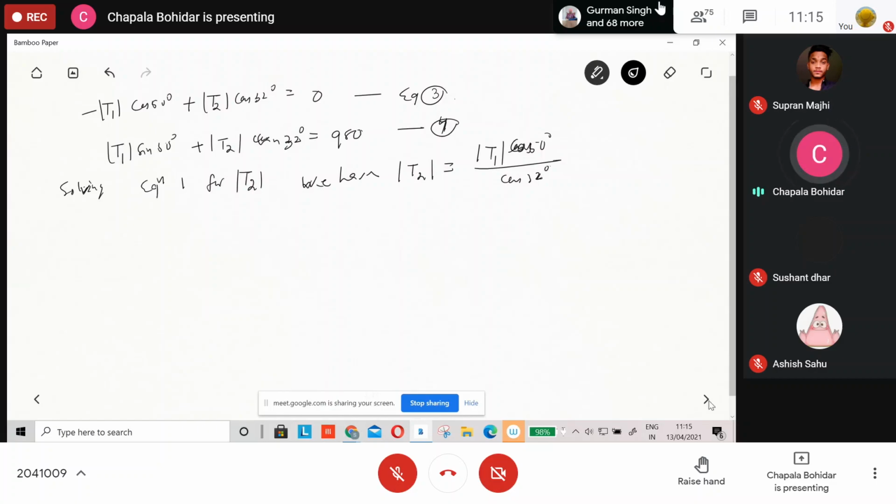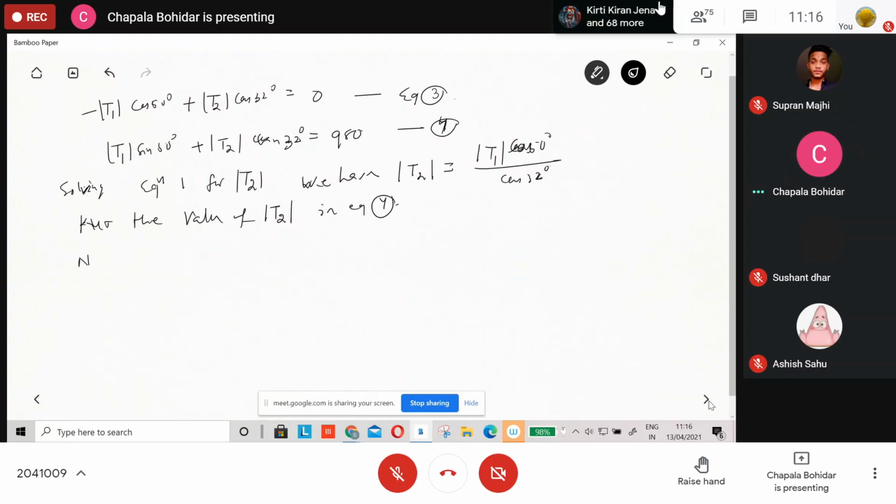Okay. Now we put the value of T2, the absolute magnitude value, in equation 4. So what do we get?